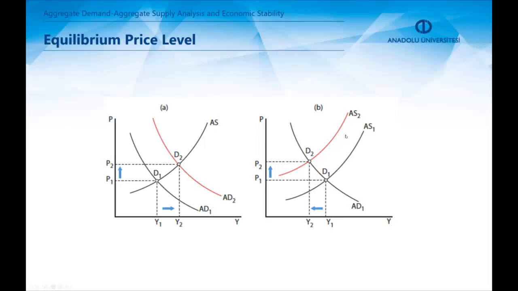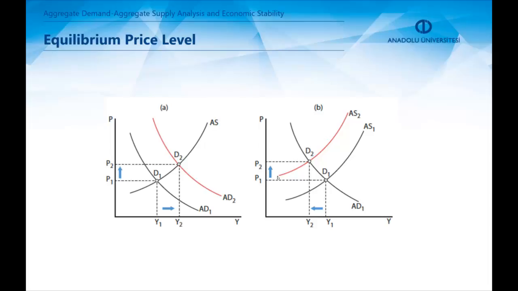Or a decrease in aggregate supply means that the AS curve shifts to the left. This also means negative growth in the economy, and again inflation, or an increase in the price level. So using the AD and AS curves, of course, you need to know the factors that affect aggregate supply and aggregate demand.